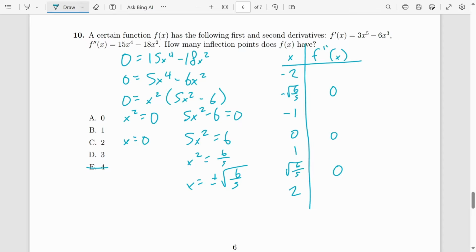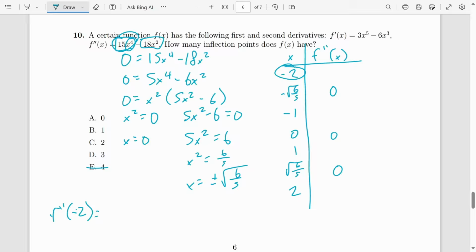And then for the other ones, plugging in negative 2, so f double prime of negative 2, that'll equal, so negative 2 to the 4th is 16. 16 times 15 is a big number, but that number is definitely going to be bigger than whatever this is, because negative 2 squared is just 4. 4 times 18 is definitely going to be less than 100, and this is definitely going to be more than 100.